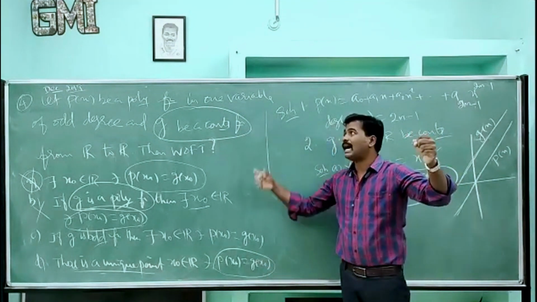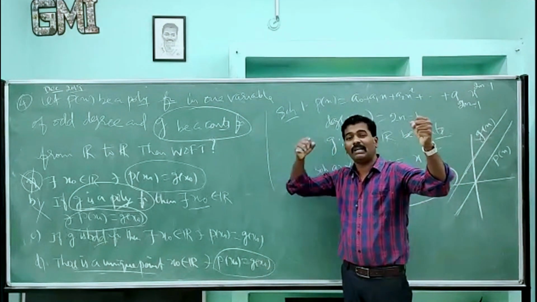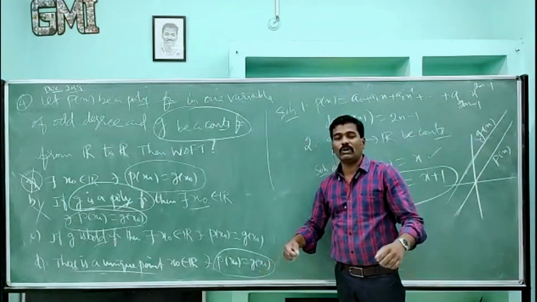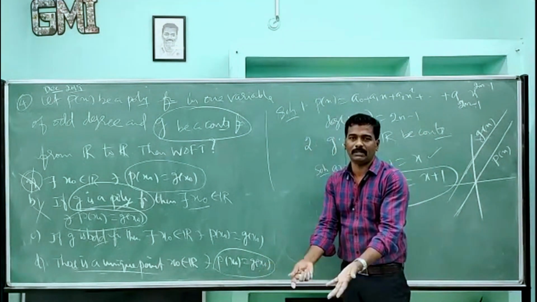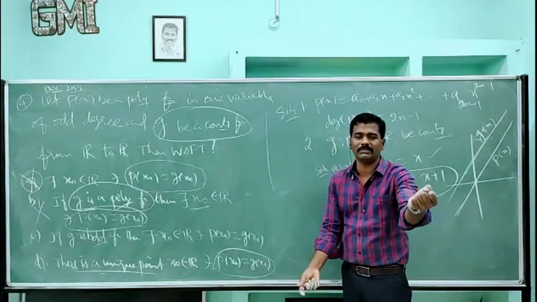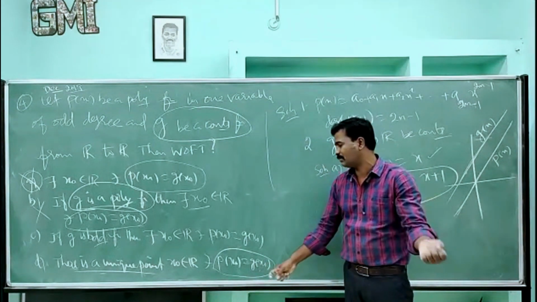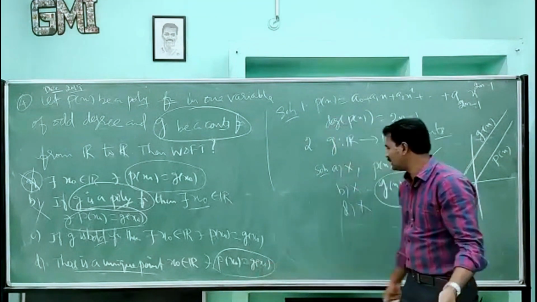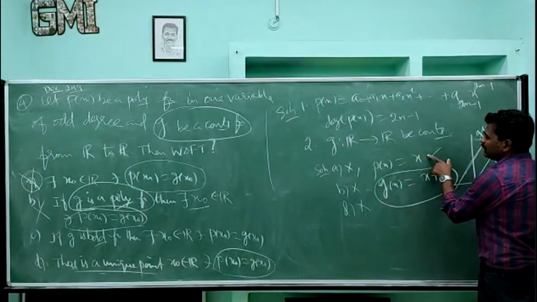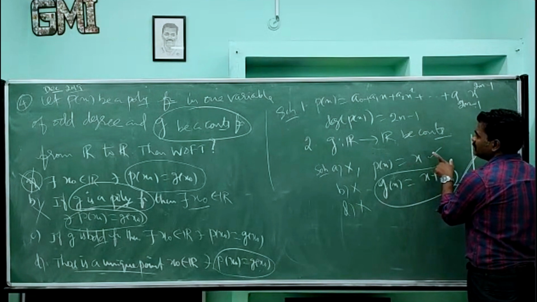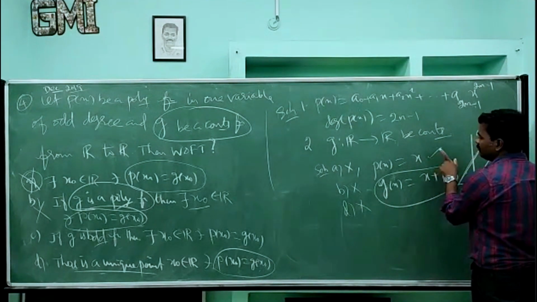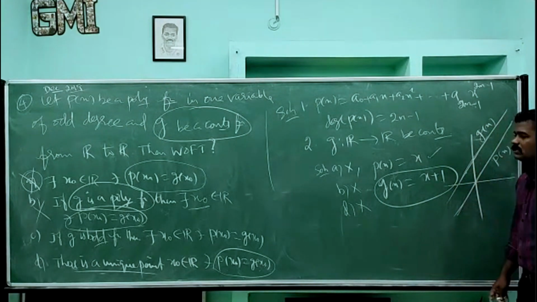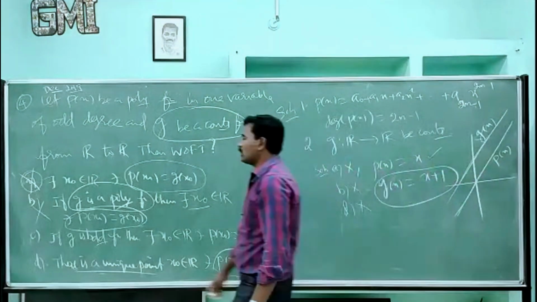I am saying that I have a P of x odd degree polynomial and G a continuous function that don't have this property, so you have to give an example. What is that example? P of x is just the identity function, a first degree polynomial, and G of x a continuous function, but they never meet. So therefore, option D is not always true.